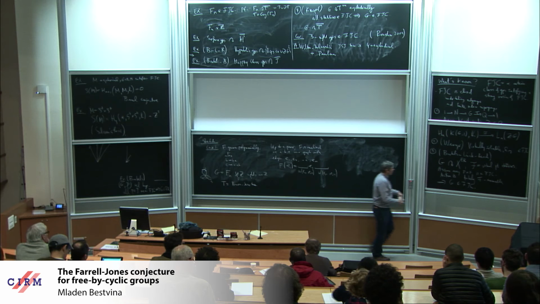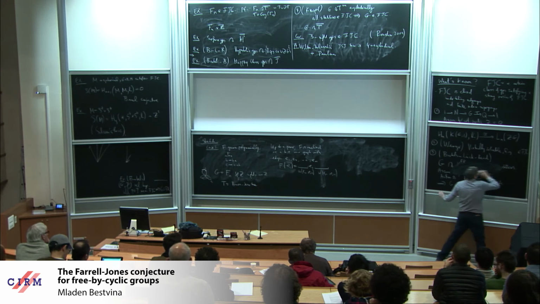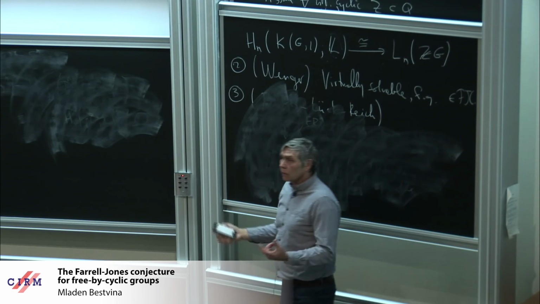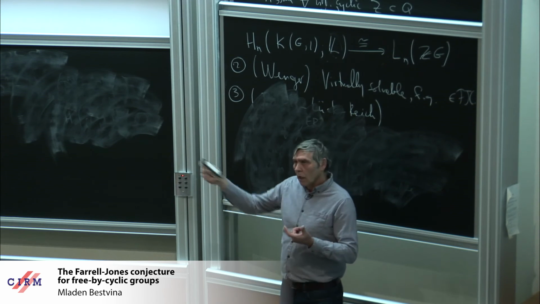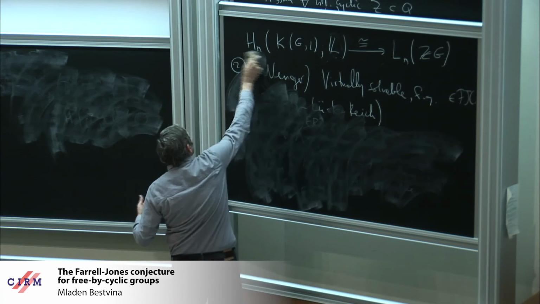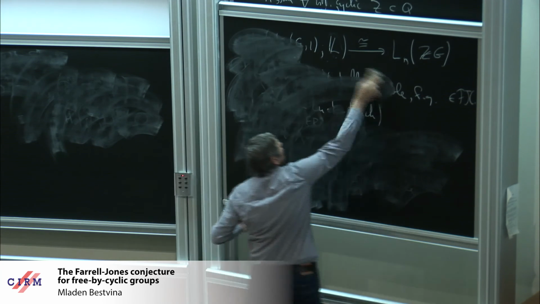Every edge stabilizer, of course, is isomorphic to Z. And if you take two different edges, they might either have the same stabilizer, the same Z, or the two Z's will intersect trivially. So this gives you some kind of equivalence relation on the set of edges.